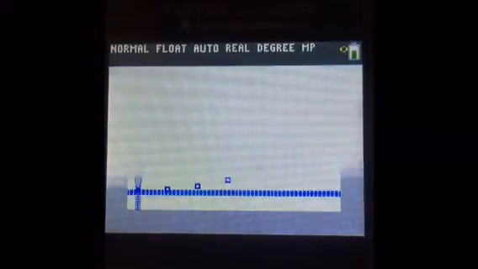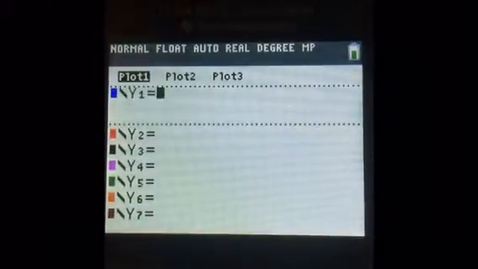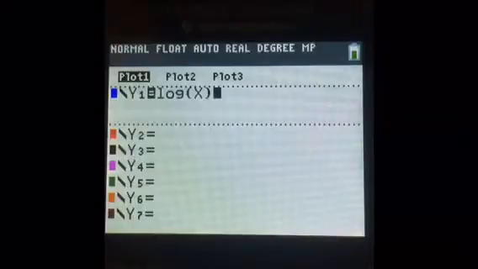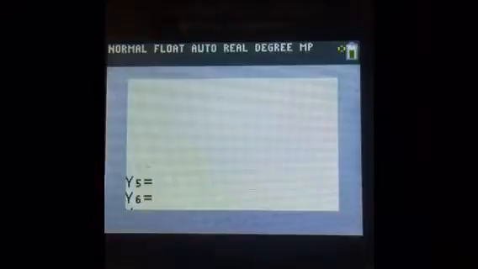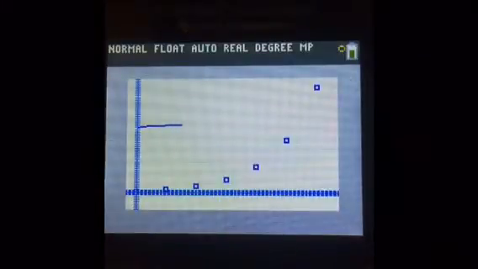So, we will see if it is logarithmic. With log of x plus 40 graph. And this also does not look like our data set.